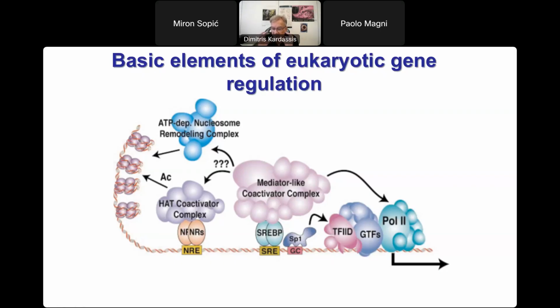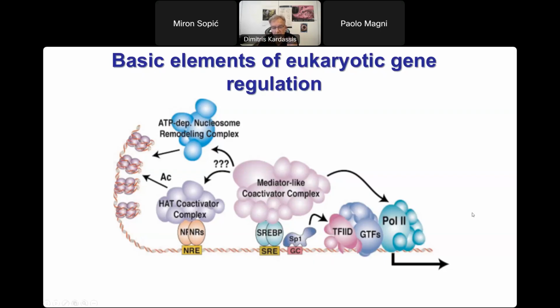It is placed specifically at the site of transcription initiation, and this binding is facilitated by auxiliary factors, which are called general transcription factors, or TFIIs, TFIIDs, which interact with the polymerase and also with transcription factors.